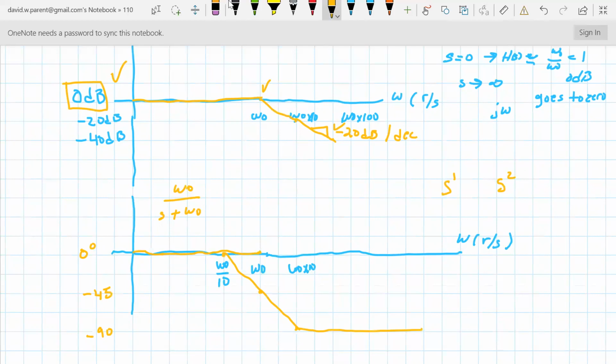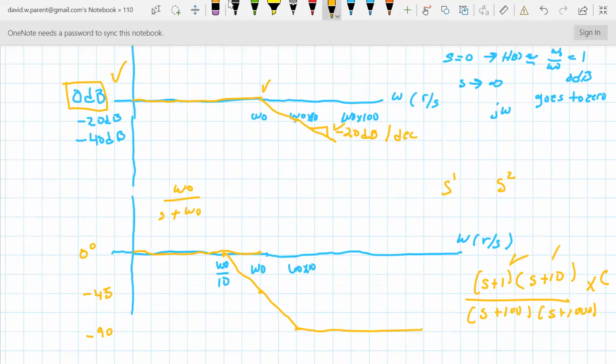Now, this is a lot easier to draw than one of those Bode plots, like that might be question 2, where you have S plus 10, divided by S plus 100, S plus 1,000 times some constant, right? Those Bode plots take a little more.